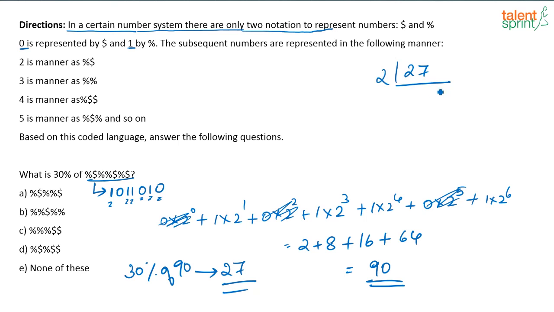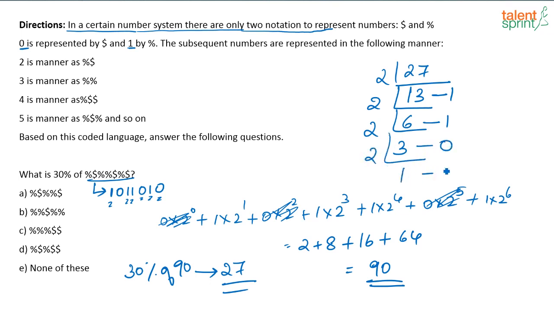27 divided by 2. So what is that? 13. Correct? 1 is the remainder. 13 divided by 2, 6, 1 is the remainder. 6 divided by 2, 3, 0. Correct?